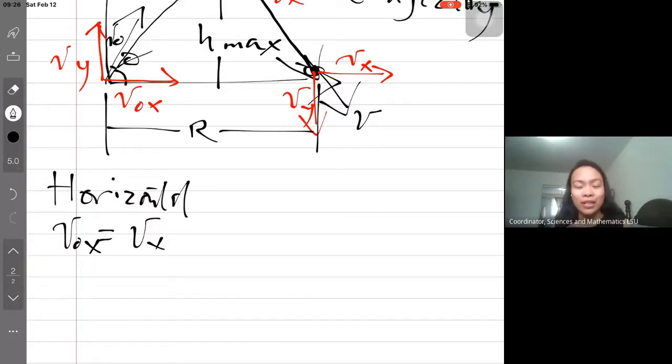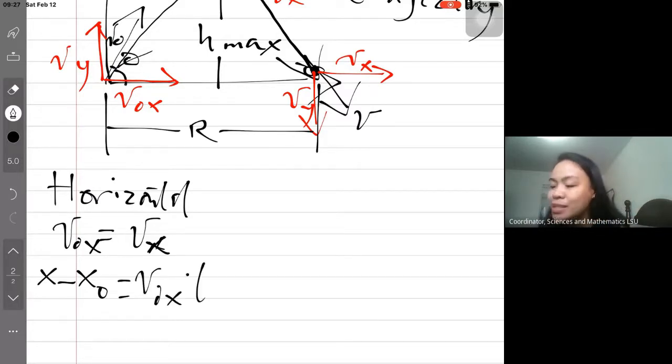There will be no change in the magnitude of the velocity along the x-axis. It stays the same no matter where the projectile is in the trajectory. Our range is x minus x sub o, the distance between where the projectile was launched and its endpoint, and that is equal to V sub ox times t.